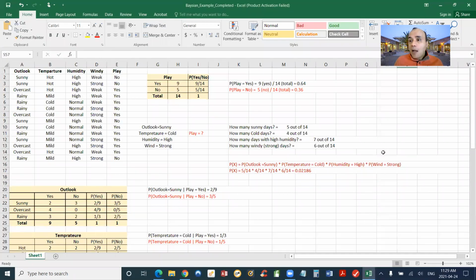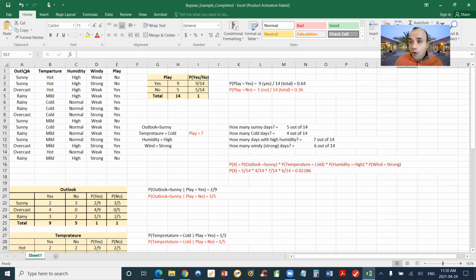With that in mind, I want to explain a full example. This is a famous example almost everybody is using on the internet. I have outlook, which is an attribute, temperature, humidity, windy, and play, the outcome, the target, the final result, to play yes or no. Tennis maybe, football maybe, whatever it may be, to play outside.